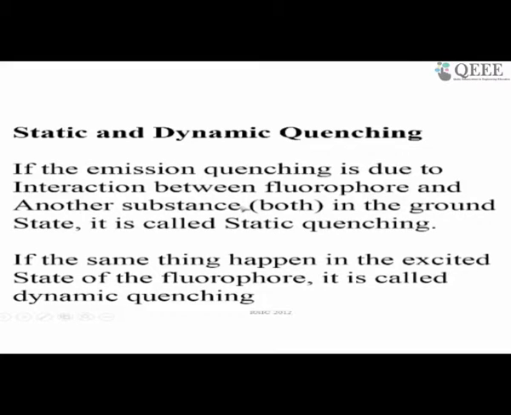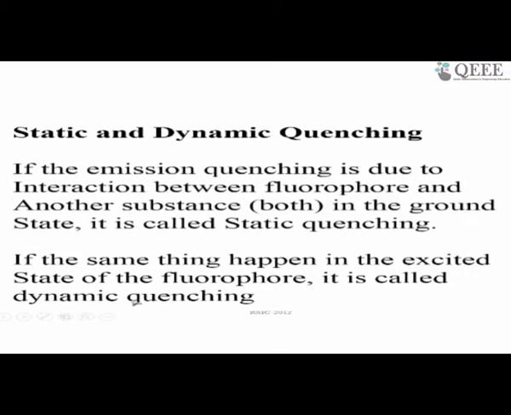So in the case of static quenching, the fluorophore and the other species, which you can call the quencher, both will be interacting in the ground state. Whereas in the case of dynamic quenching, the fluorophore will be in the excited state and the quencher will be in the ground state. So they interact, but for the fluorophore, the interaction is happening in the excited state. That is the difference between static and dynamic.